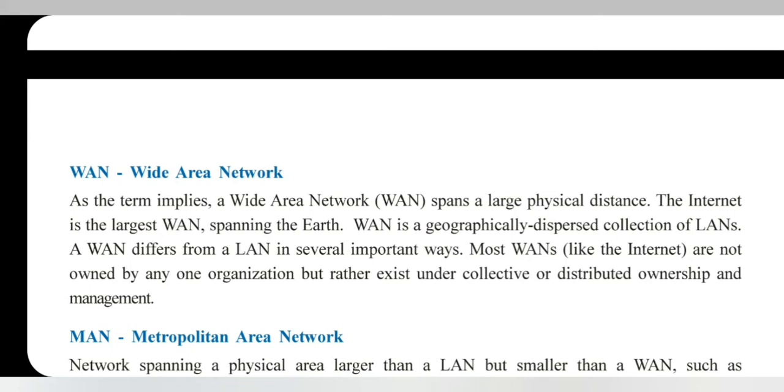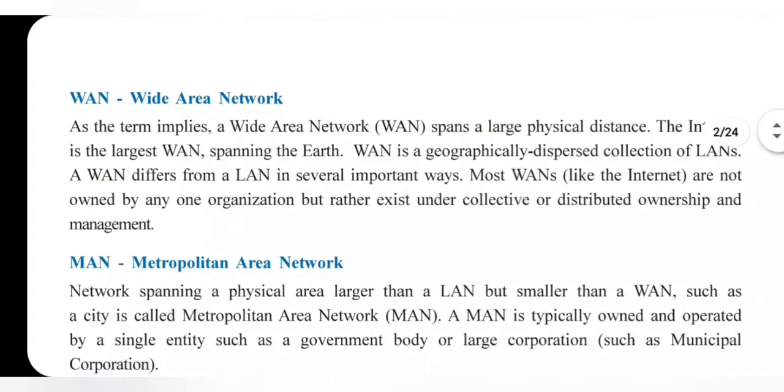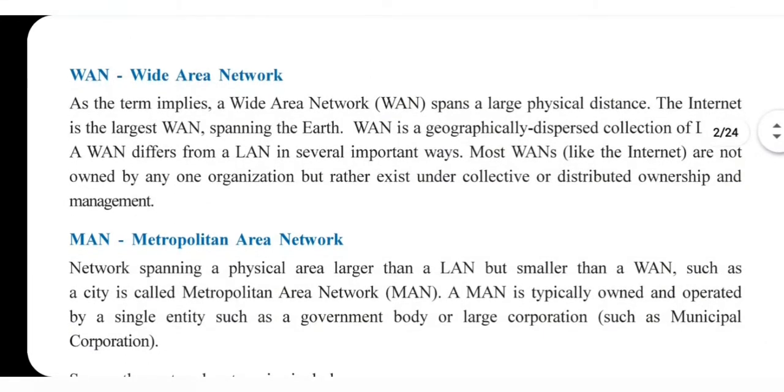Then next is a MAN. MAN is a metropolitan area network. This network spans a physical area that is larger than a LAN, but smaller than a WAN, such as a city, and is called a metropolitan area network. So if there is a city based network, then it is known as a MAN. The LAN is for one organization only.